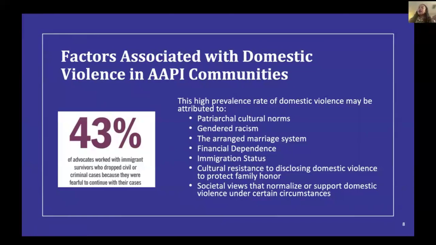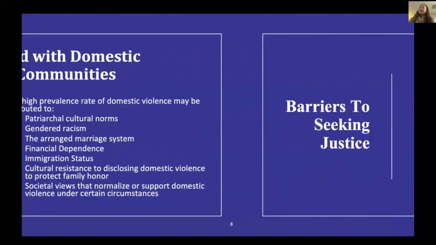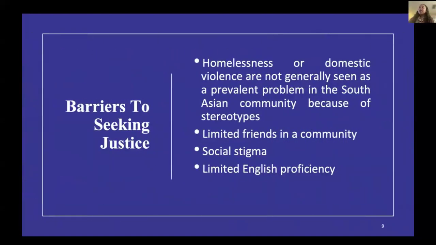So when you have that survivor that comes in and is a member of the AAPI community, these are some things that you can remember or take note of, because it will explain why they want to drop their case or why they don't want to move forward with that protective order, because they're frankly scared or there are different things in their culture that prevent them from doing so. Barriers to seeking justice: homelessness, where are they going to go, especially if they're not the breadwinner.